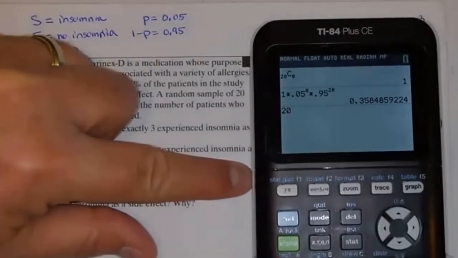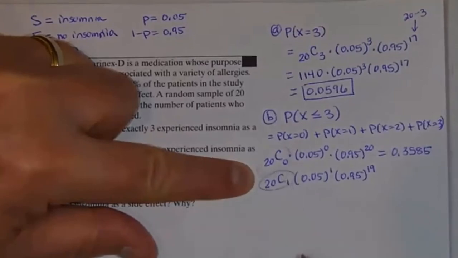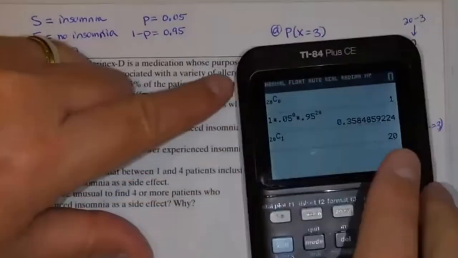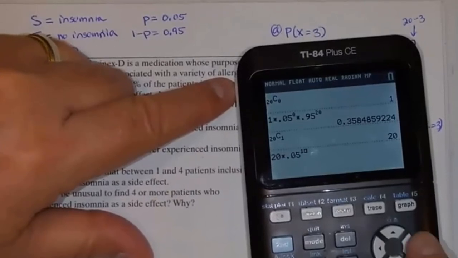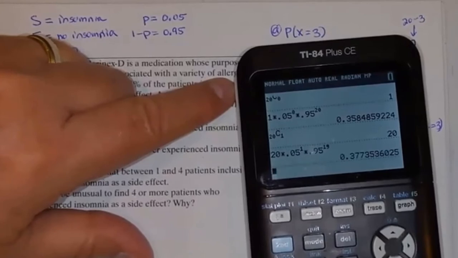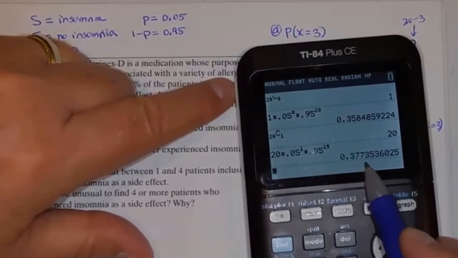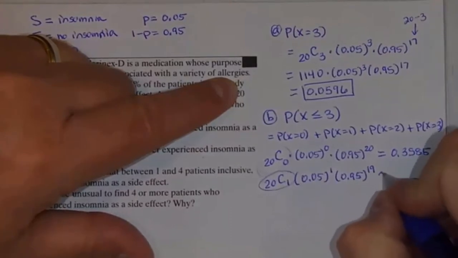So if I do 20 combination choose 1, that is 20. So this right here is 20. If I take 20 times 0.05 to the 1 power times 0.95 to the 19 power, that is 0.3774 if I round to 4 places.